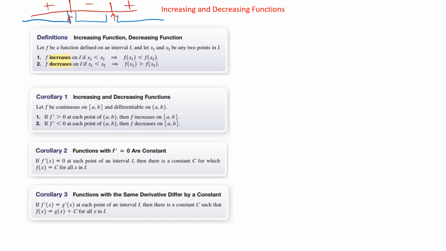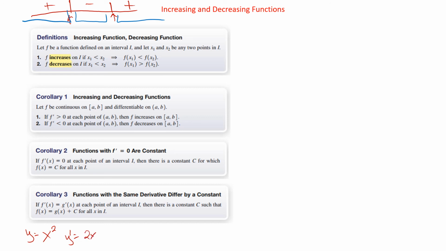So if we take the derivative and we get 0, that means it was just a number. It's a constant. It means the slope was 0 the whole time. It was a horizontal line. And then functions with the same derivative differ by a constant. So what is that? If we have, say, y equals x squared, the derivative, y prime, equals 2x.